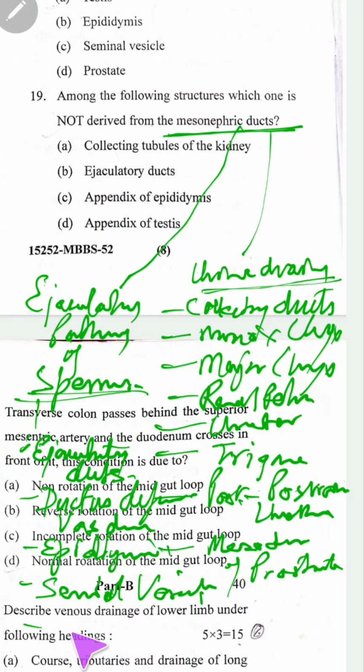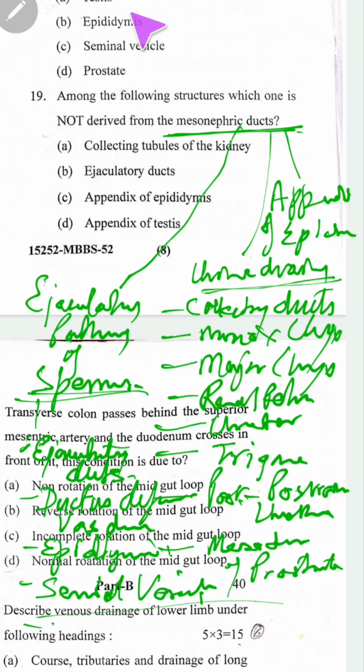leaves remnants. Now we're talking about the remnants. I think I should write it here so that you remember. In remnants, the appendix of epididymis will come. I have very little space, so I'm writing it on my mobile.